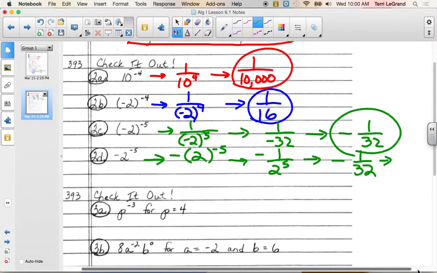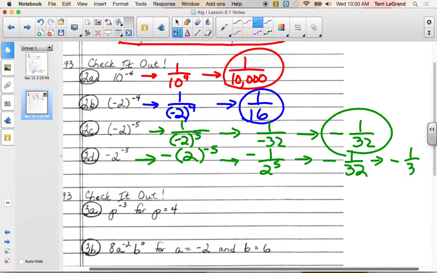I know it kind of looks like it already. You're like, what are you asking us for? That's going to be the same thing, isn't it? The opposite of 1 over 32 is a negative 1/32. So we got the same answer as we did up above when the negative sign was with the 2 in parentheses. But be careful, don't think that that's always going to be true. Because what do you think makes a difference?